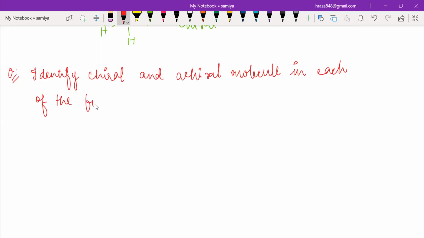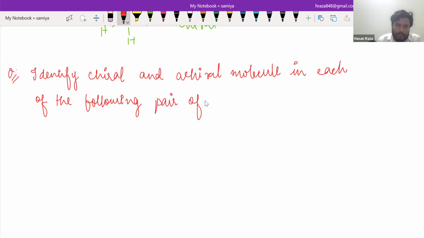Okay, sir. Of the following pair of compounds, it is a wedge and dashed structure. So basically, in the first, we have hydrogen here, CH3 here, Br here.